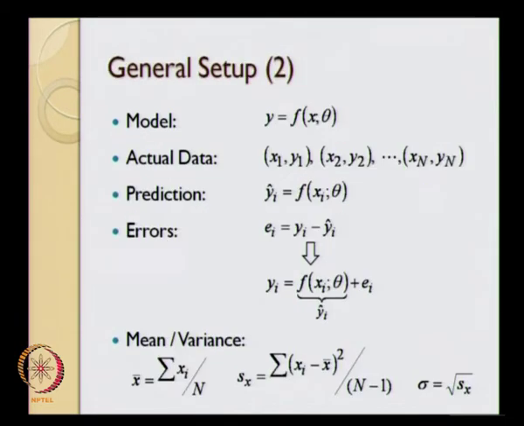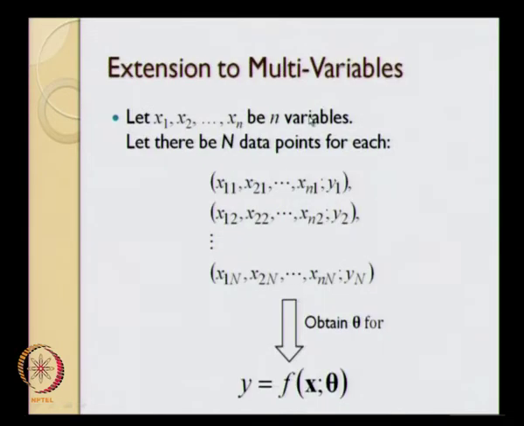Okay. So initially we will look at a single variable case, that means the output is one variable and the input is a single variable. Next we will extend that example to a multivariate case where x1 to xn are small n number of variables and capital N is the total number of data points. So we have the data in the form x1 to xn at data 1 comma y1, x1 to xn at data 2 comma y2, and so on, up to x1 to xn at data N and yN.